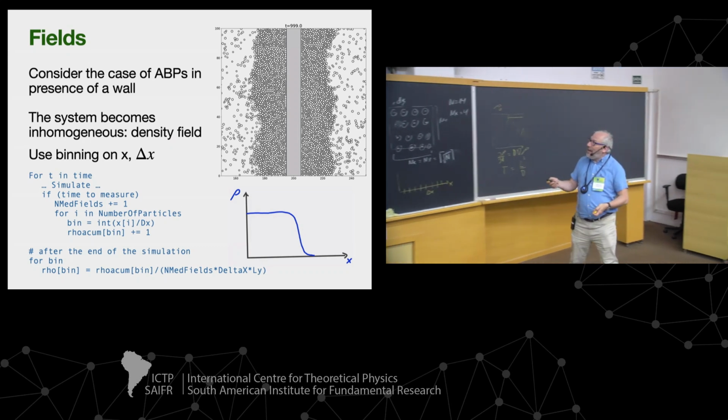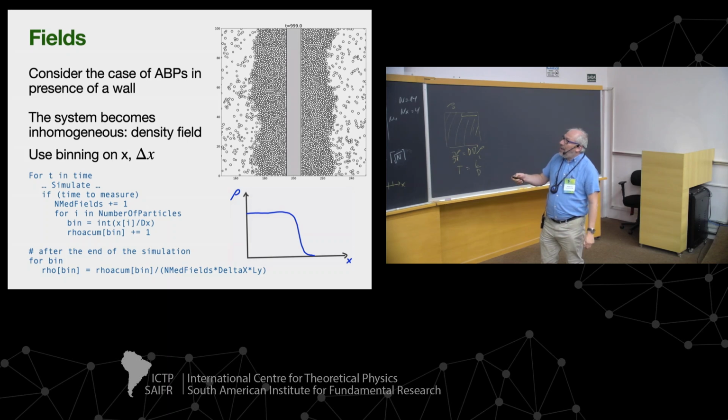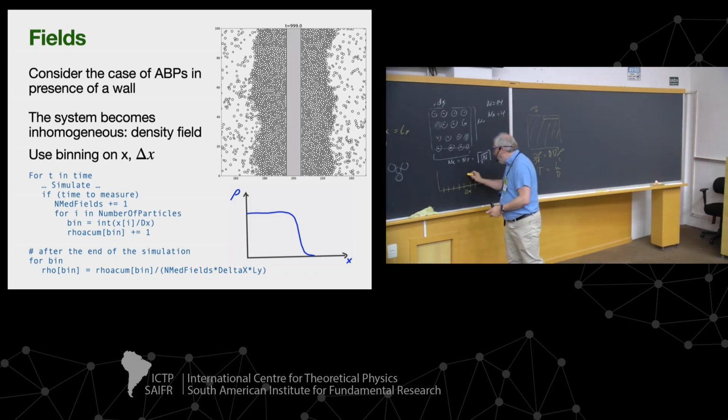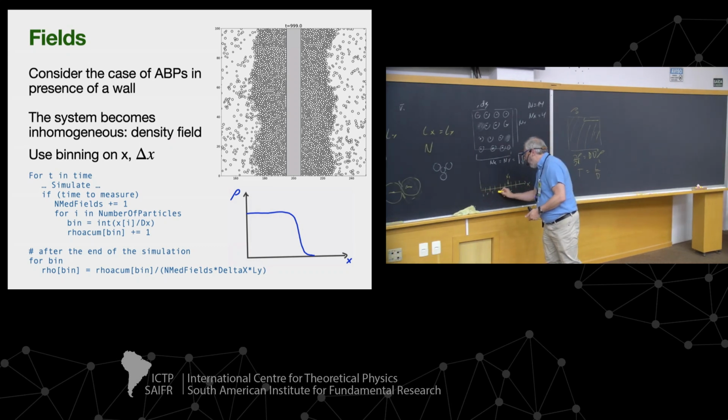You have a binning length, and the bin that I'm going to use is the position of the particle divided by this delta x. So the particle is here, but then I'm going to be in the bin 0, 1, 2, 3, 4, 5.